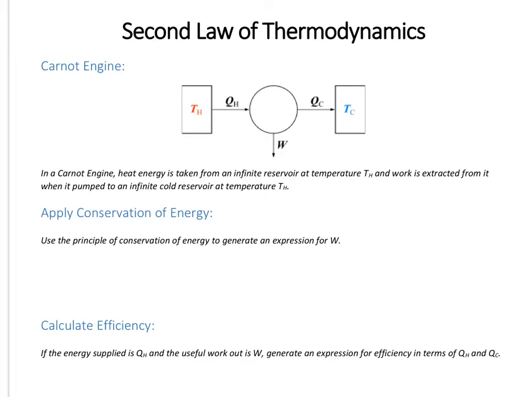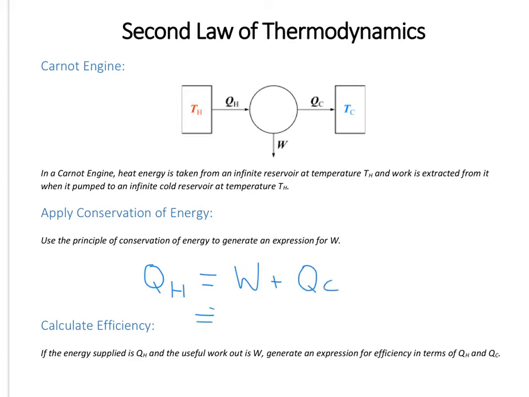The first thing we want to do is apply conservation of energy and generate an expression for the work done. So the total energy going in must be the total energy coming out, conservation of energy. The energy going in is the heat removed from the hot source, which is QH, and that must be equal to the work done plus the energy delivered to the cold source.